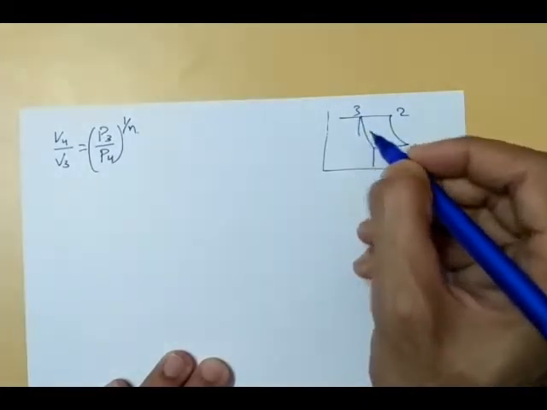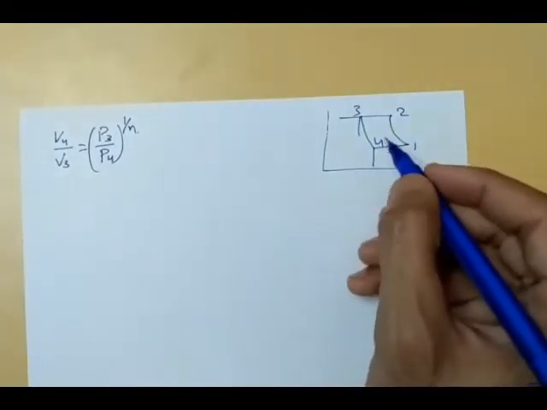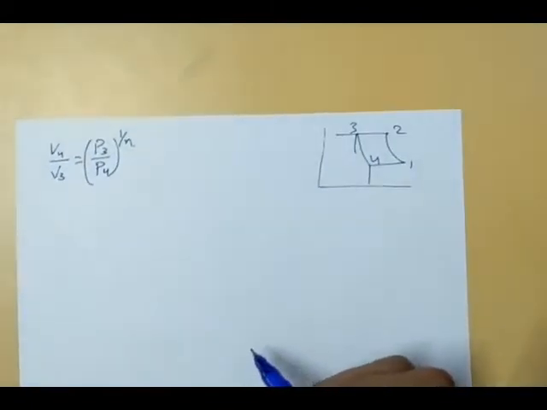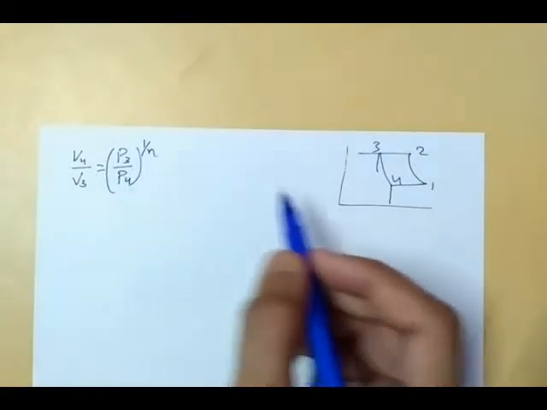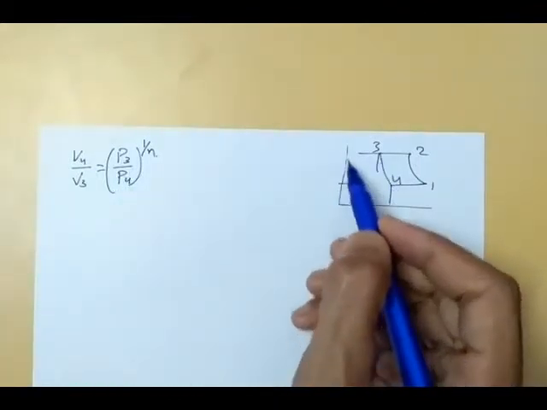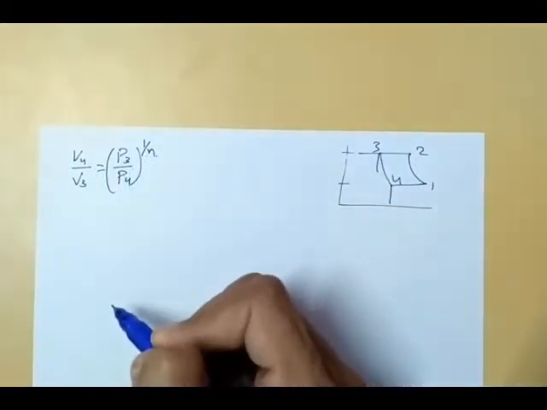So this process PV power 1.3 is equal to constant. From this process, we can write V4 by V3 is equal to P3 by P4 power 1 by n.